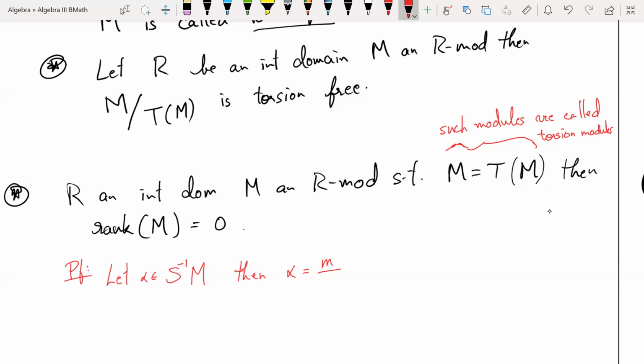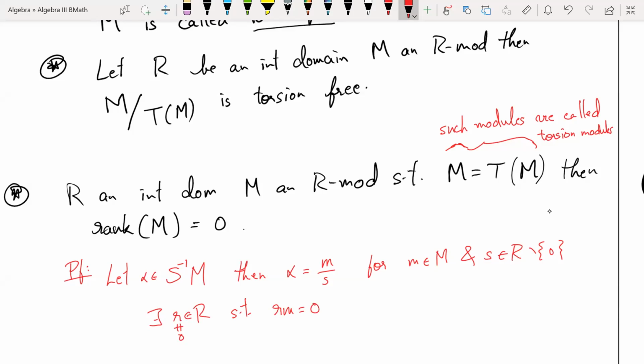It is m over s for m in M and s in R minus zero. But every element in M is torsion, so there exists, let's say, r in R not equal to zero, such that r times m is zero.